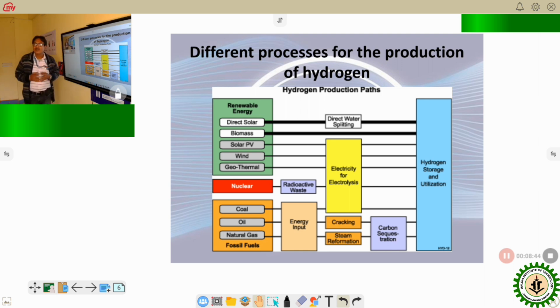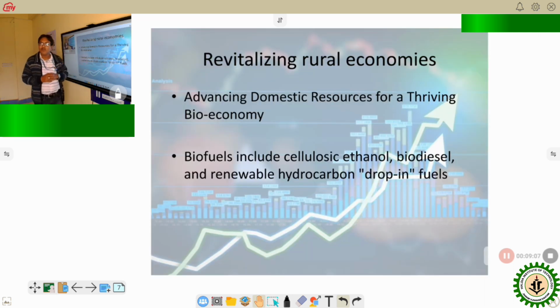And again, apart from this, direct solar energy can be utilized using some semiconductor particles, put into the water, and then exposed to the solar insolation directly, so that it can produce hydrogen and oxygen. Apart from this, there are many bioprocesses, biological processes. From biomass, we can generate hydrogen.